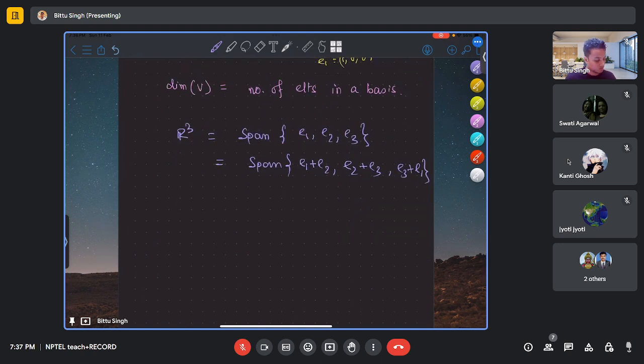Can you see that this is also a basis? If we give it the name S, can you see that S is a basis?